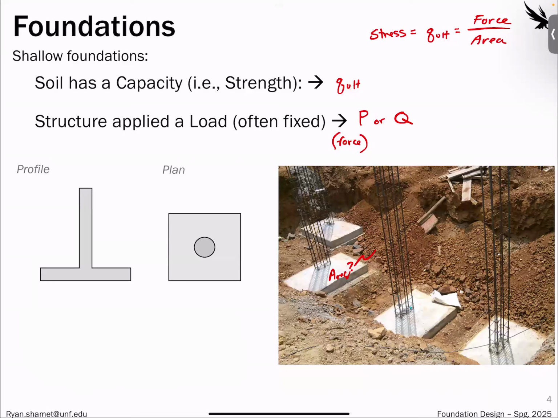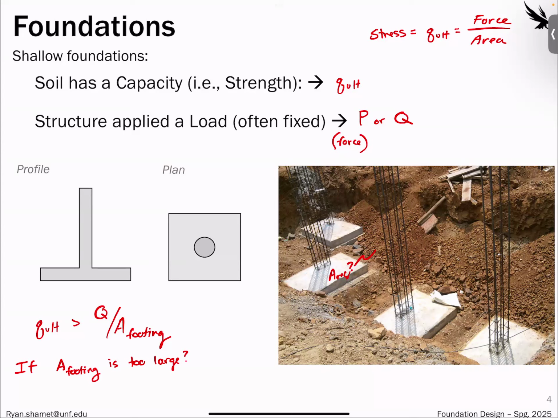So what we're looking for again is that this q ultimate, the capacity of the soil, is greater than the structural load over the area of the footing. And if the area of the footing is too large, maybe it doesn't even fit on the project, or the columns can't be spaced further apart enough, then what do you do? You can't use a shallow foundation. You have to go to a deep foundation technique.